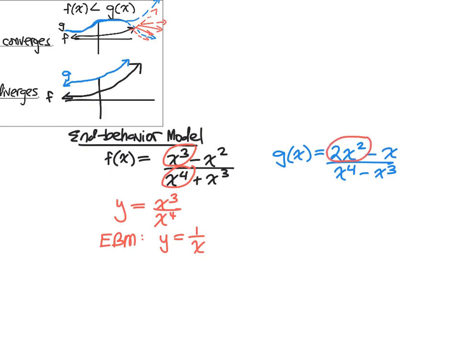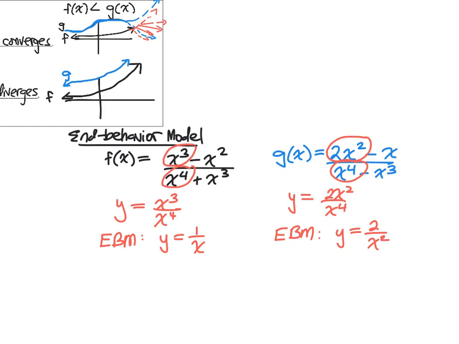Again, ratio of the terms with the highest powers. I'll write the intermediate step: 2x squared over x to the fourth, which would give us an EBM of y equals 2 over x squared.